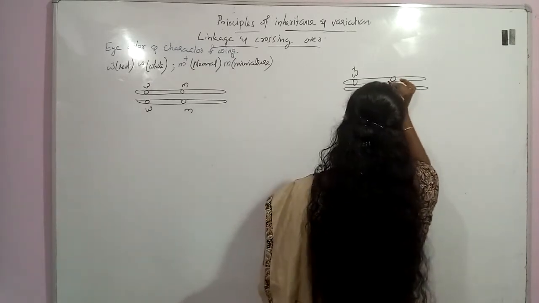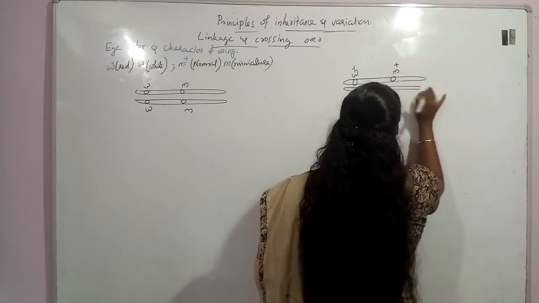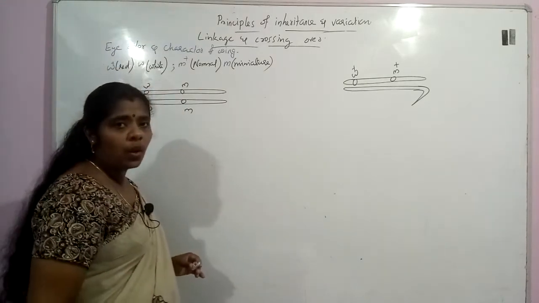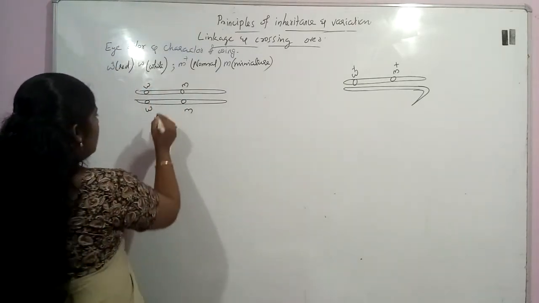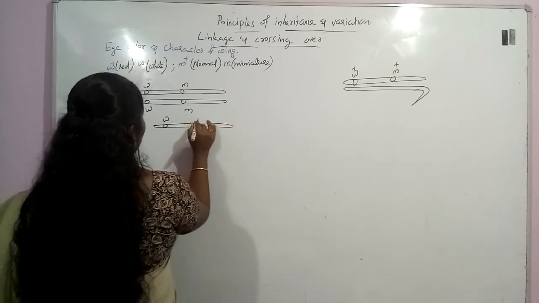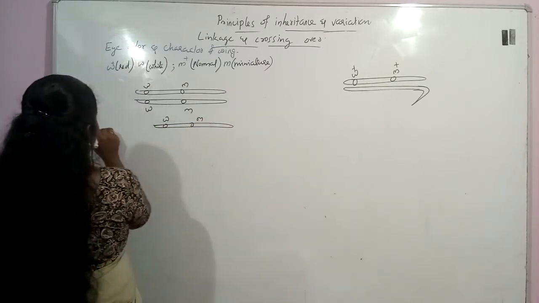This is represented as M plus, and this has a single X chromosome and one Y chromosome. During gamete formation, the female forms eggs, all containing W M on the X chromosome. These are the gametes.